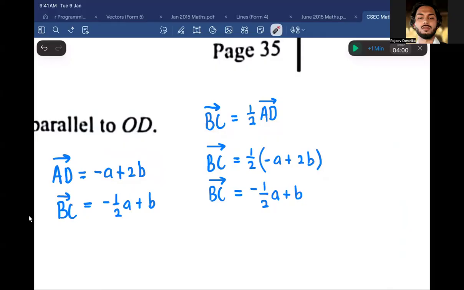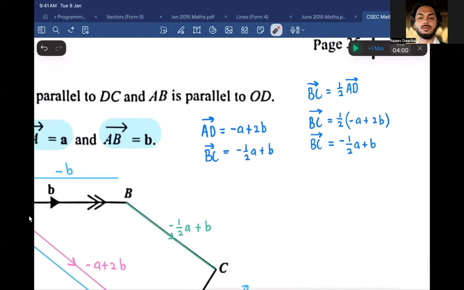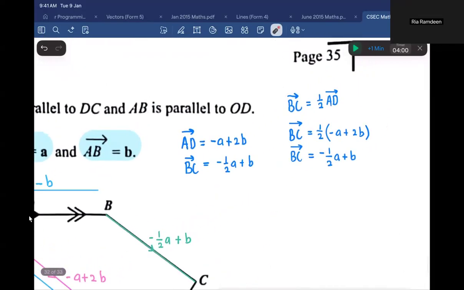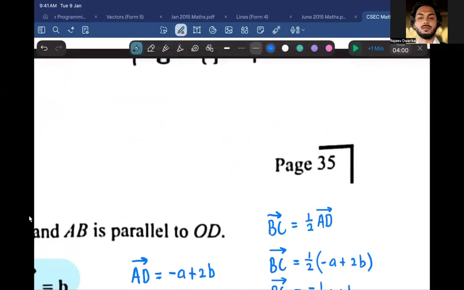But you understand by using this method, we show that BC could be written as a product of AD, and we found out it was just a half of AD. So our answer would just be BC is a half of AD. That's it. Let me show you the other way you can do this.